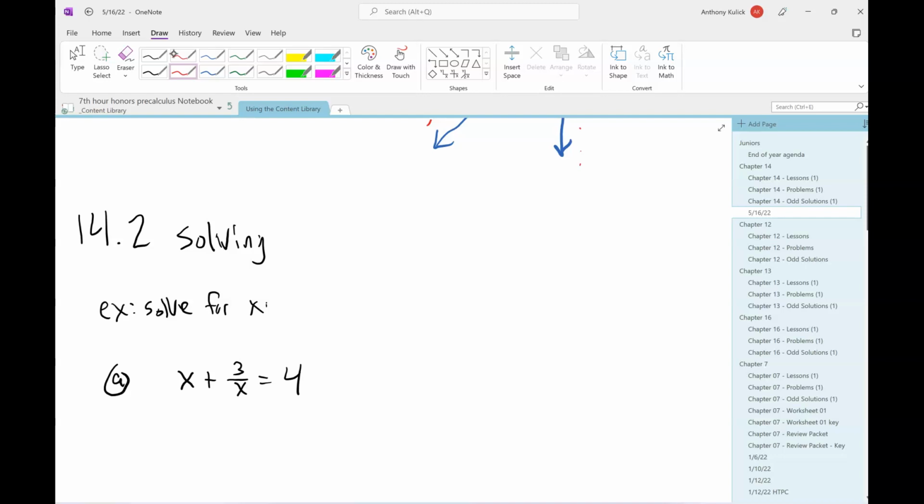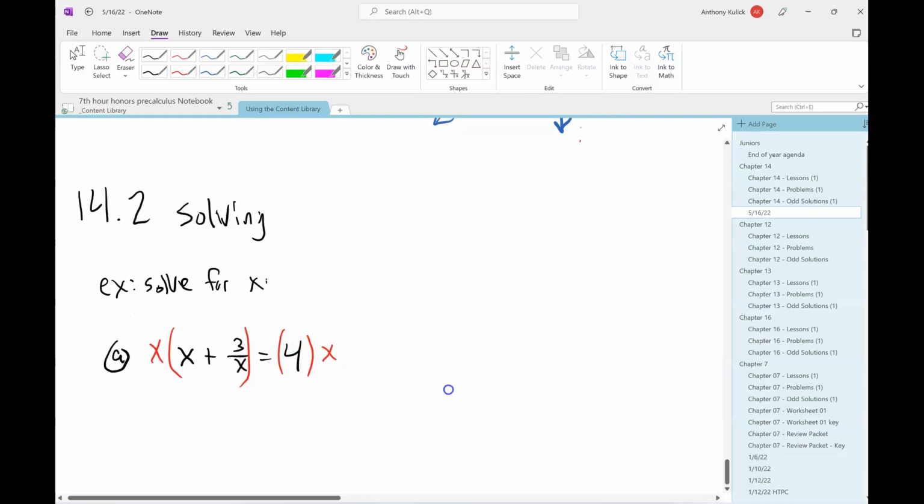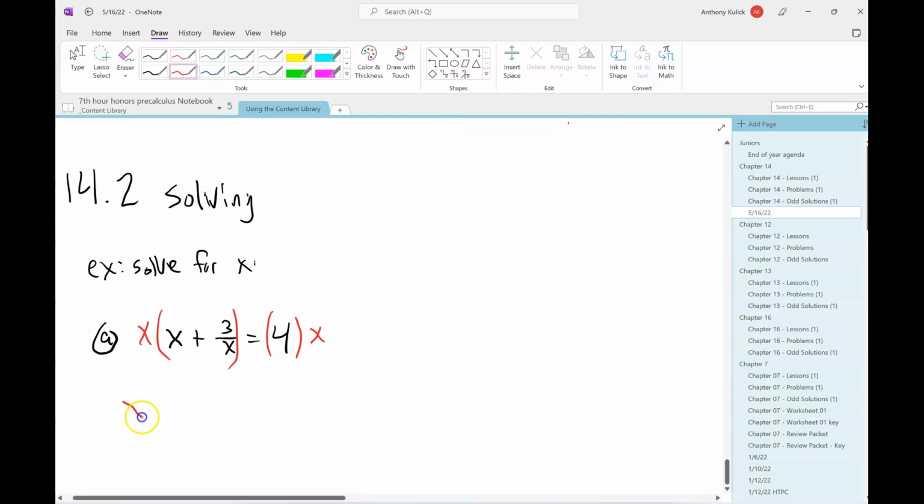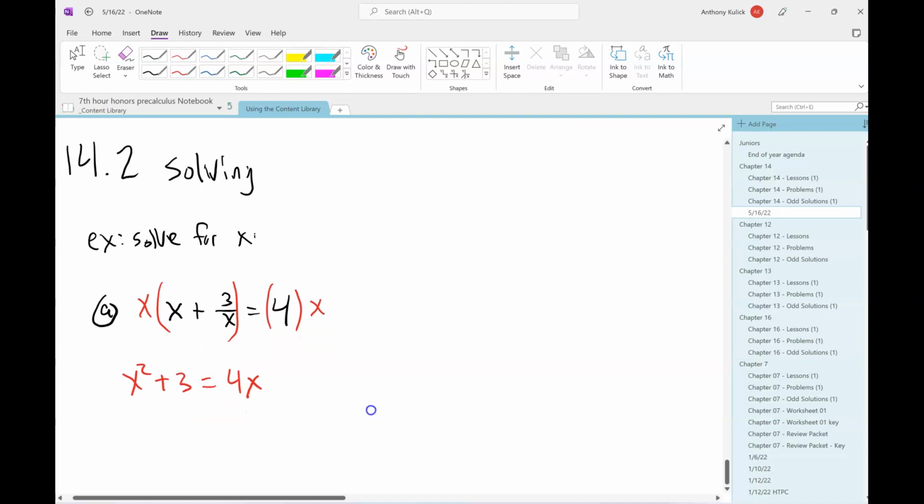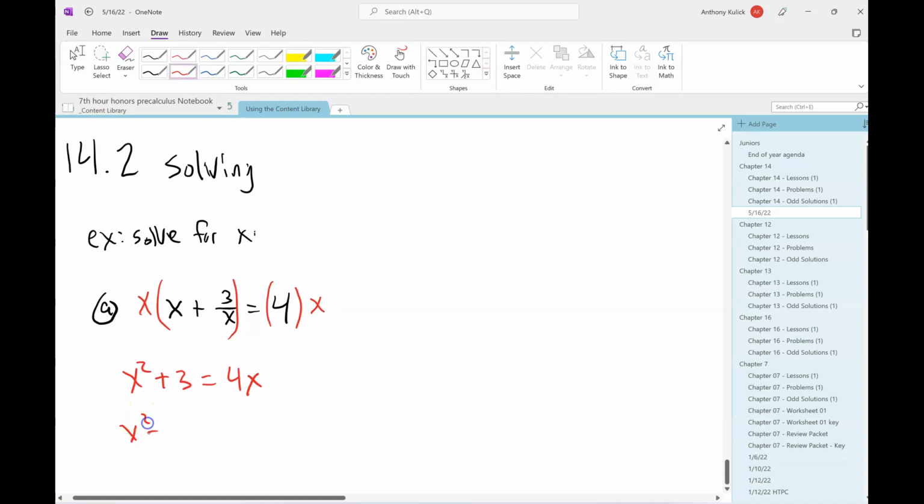Luke? You could multiply by x to get rid of that x. Yeah, that's a great idea. I call this idea clearing fractions. So basically what Luke's going to do, multiply both sides by x, is going to get rid of all the fractions in our problem and change this now into a polynomial equation. And then we can move everything onto one side.